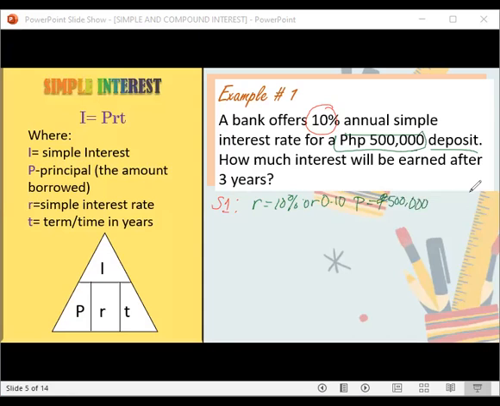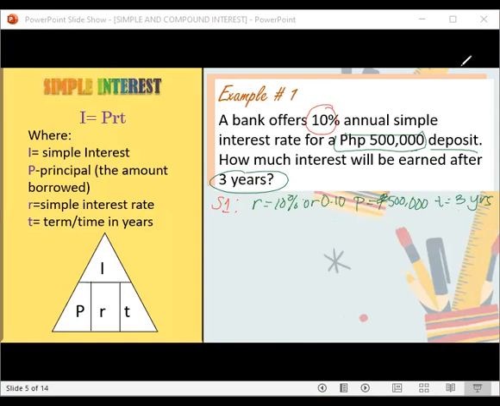And next is the 3 years. So this one is pertaining to time or term. So T is equal to 3 years. So we have the given rate, 0.10, principal, 500,000, and time, which is 3 years.